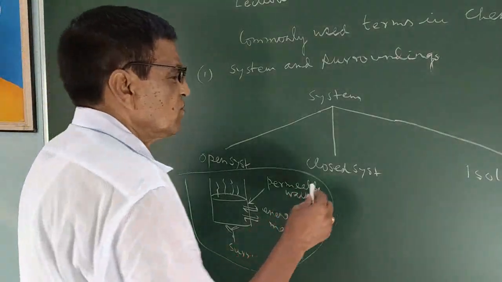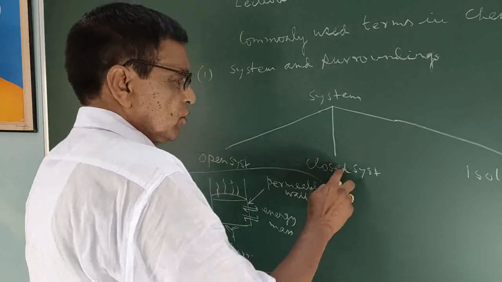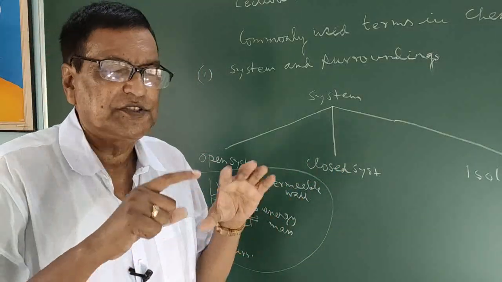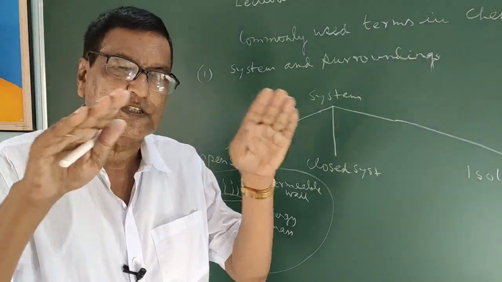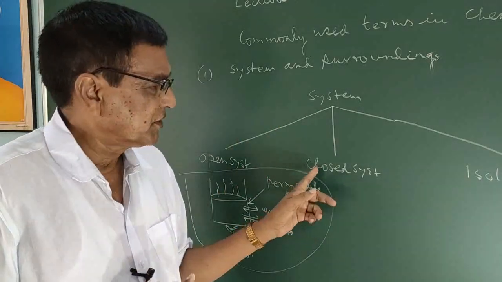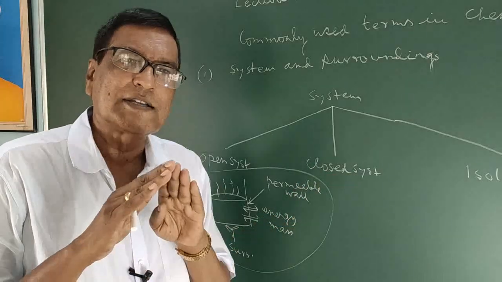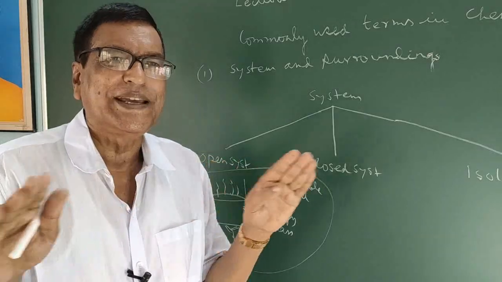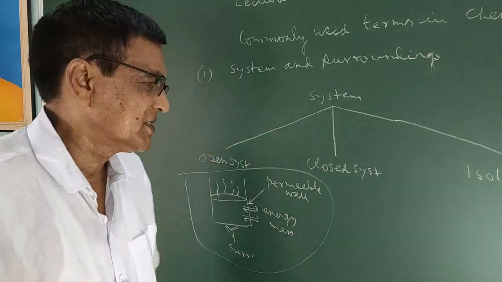And this one, closed system. Closed system means the materials of the system are totally closed by definite boundaries, and for this closed system mass is totally conserved, but energy could be exchanged between the system and surrounding.